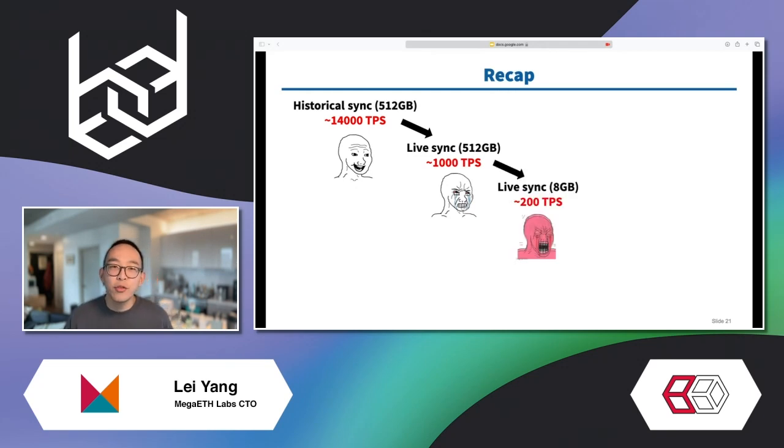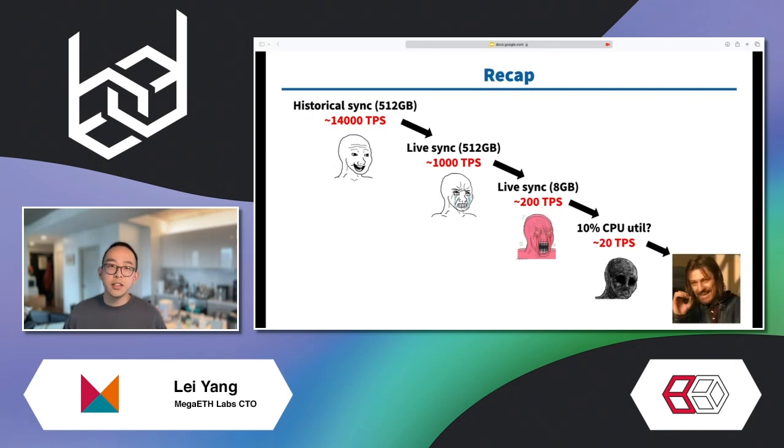If we further reduce the memory amount from 512 gigabytes to 8 gigabytes, say, we end up with just 200 transactions per second. And finally, if full node operators only want to spend 10% of their CPU power, or their machine's power, on block verification, then we're looking at perhaps a miserable 20 transactions per second. So we're basically dropping down to the layer 1 Ethereum throughput. So you see where this is going, right?